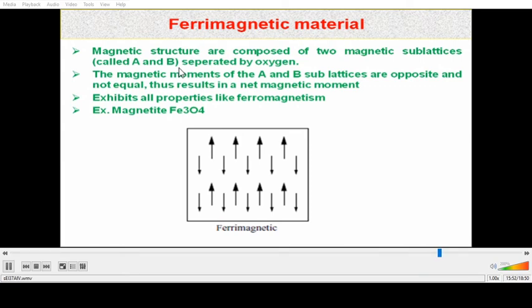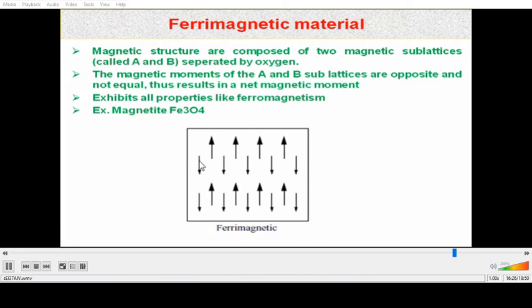One example of a ferrimagnetic material is magnetite, that is Fe3O4. Now in this schematic figure you can see that there are two sublattices. This is suppose A, then this is B. So A and B sublattices are both aligned in opposite directions.